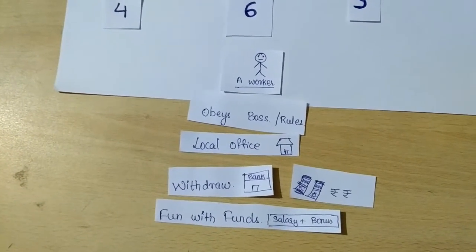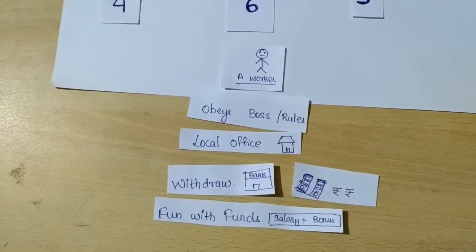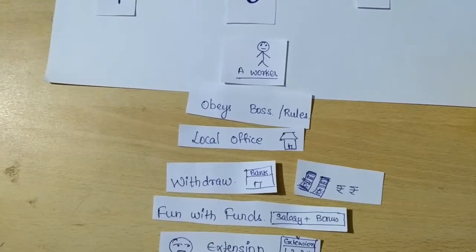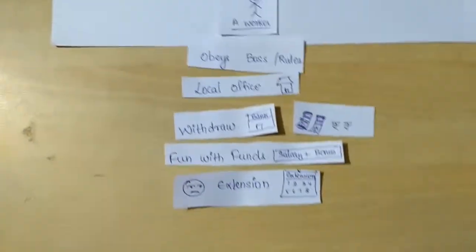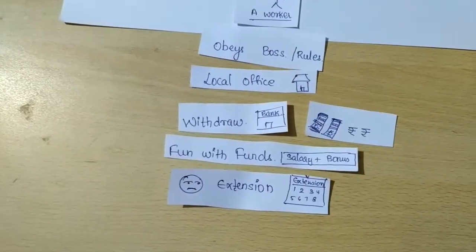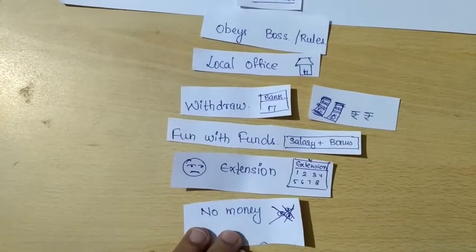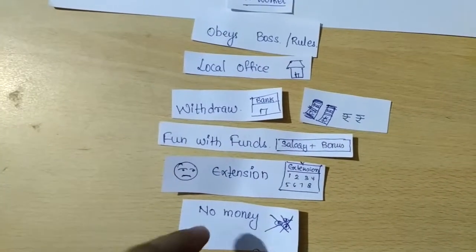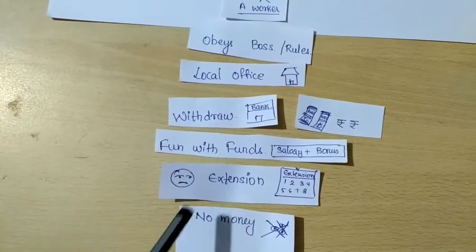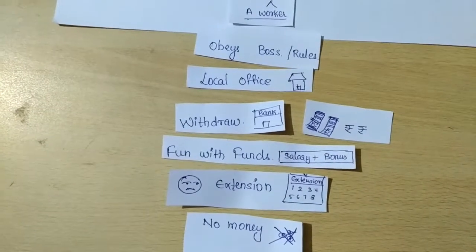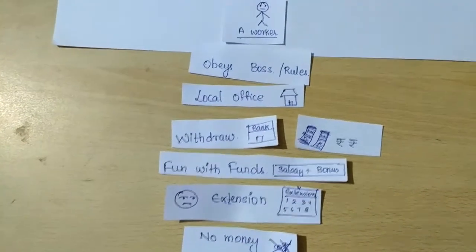The funds is the salary plus the bonus. But if he takes too many leaves, he will get an extension and he will not be paid during the extension period, like we did not get paid during our extension in our internship period.